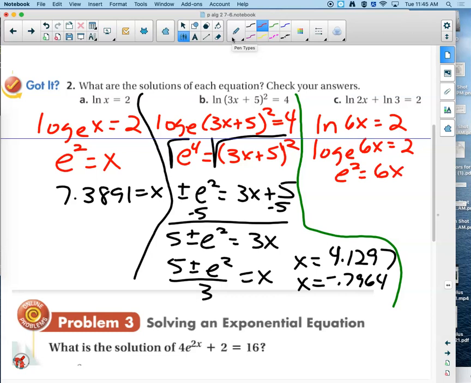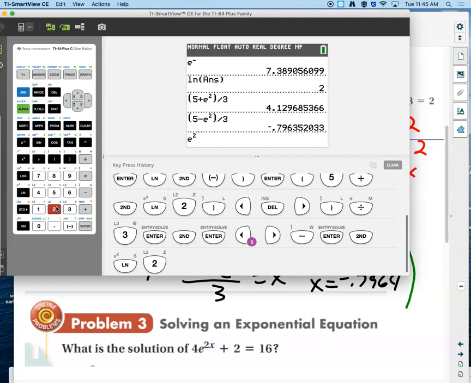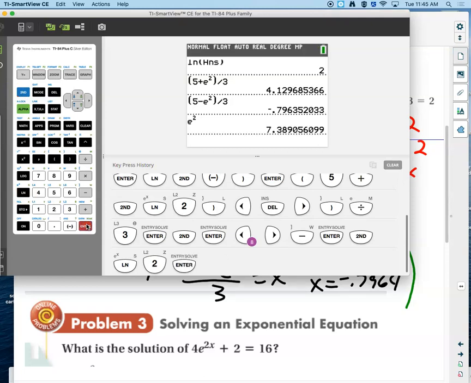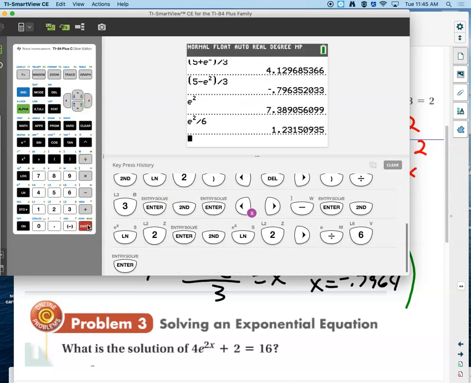What's that step? Exactly. E squared. Oh, let me try and punch it in at one time. Second e squared, boom, divided by 6. 1.2315.